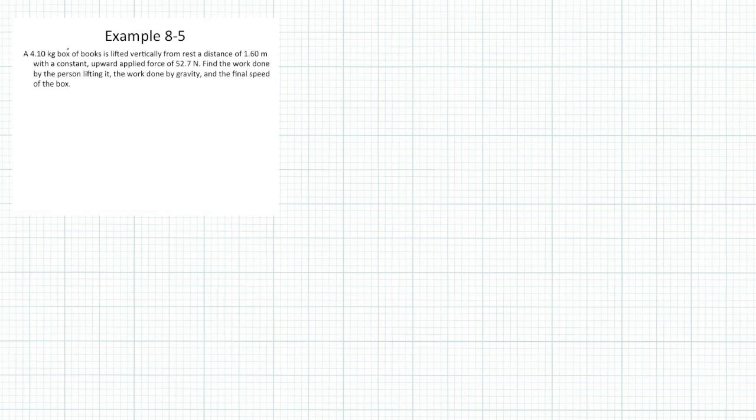That is the idea that the net work is 1/2 m v final squared minus 1/2 m v initial squared, which is really final kinetic energy minus initial kinetic energy, which means it's simply the change in kinetic energy. That's how much work is done as this object changes its kinetic energy states.